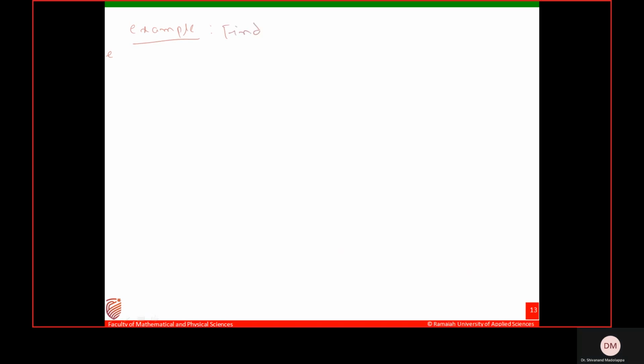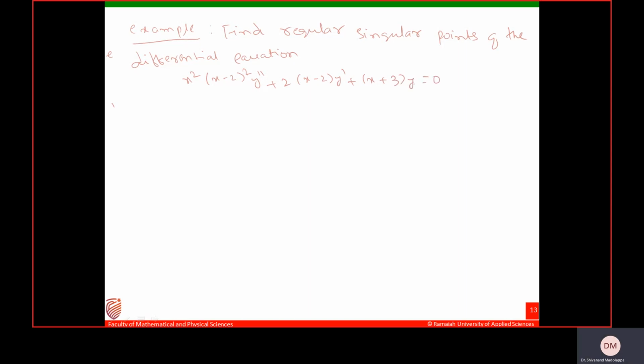Find regular singular points of the differential equation x square times x minus 2 whole square y double prime plus 2 into x minus 2 y prime plus x plus 3 y equal to 0.